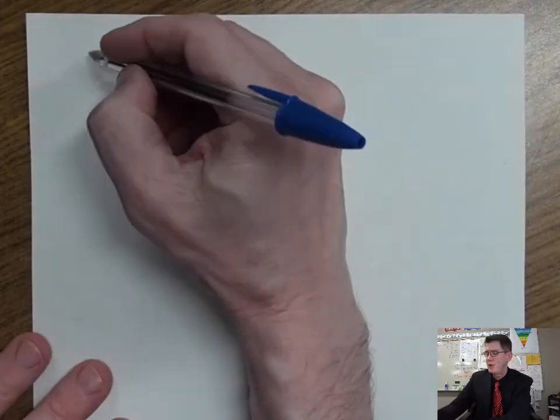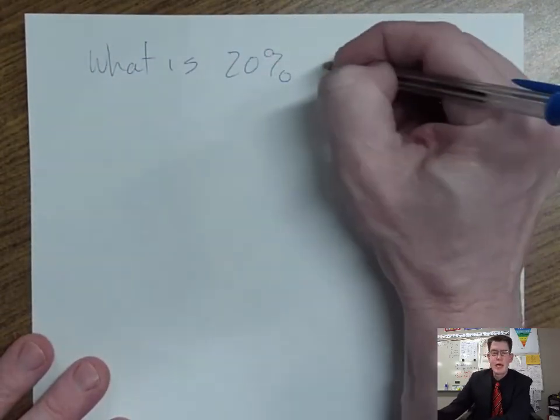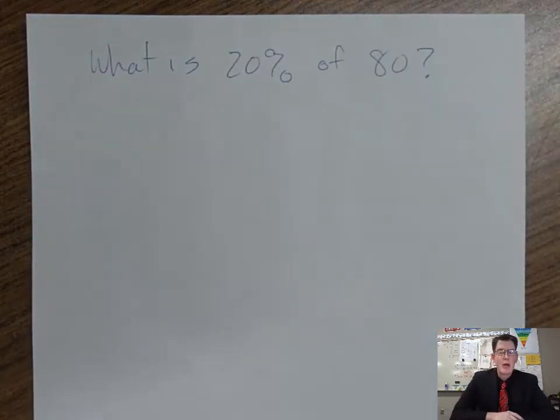Okay, what you're going to find is issues with percent and trying to figure out percents of numbers or what percent is. The state of Utah wants you to know how to find out percents in different formats. For example, what is 20% of 80? It's going to be a problem like that.